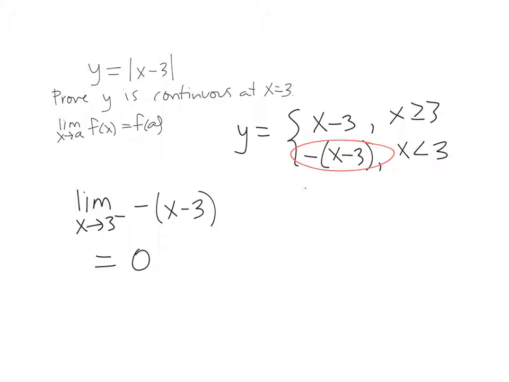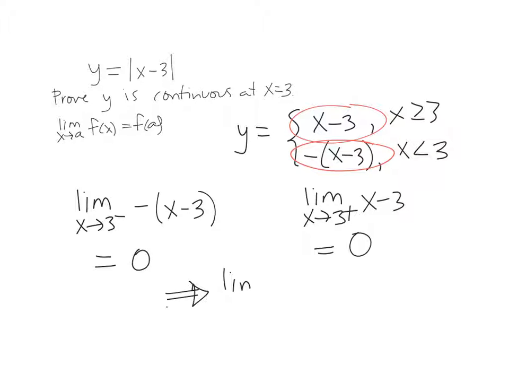Okay? Limit as x approaches 3 from the right. From the right means greater than, so I'd look at this function, x minus 3. So it's 3 minus 3, which is 0. Now, since these are the same, I can say that the limit as x approaches 3 of the absolute value of x minus 3 is 0.